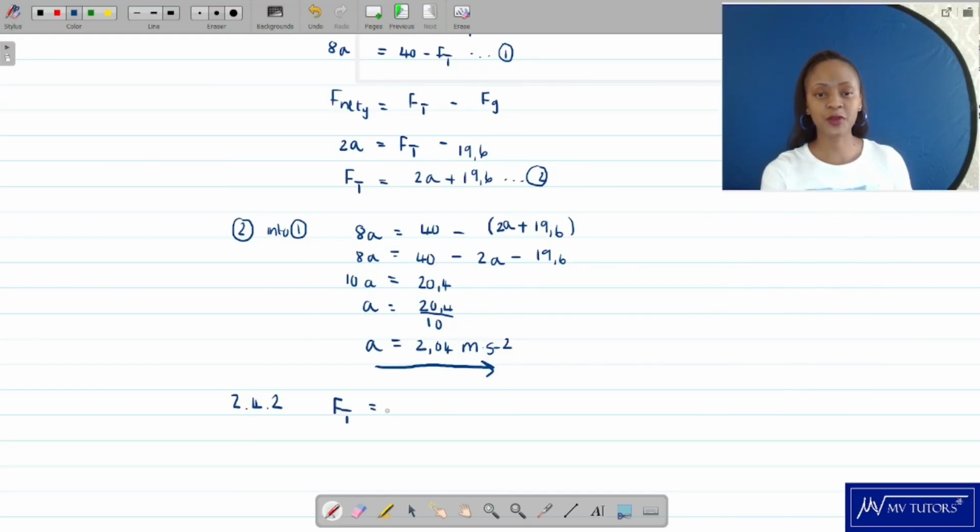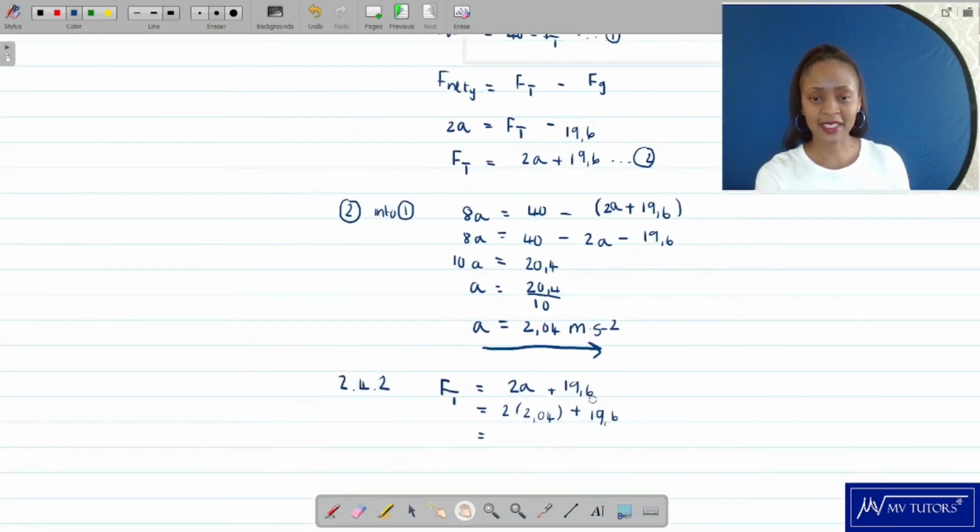So the tension force is equal to 2 times the acceleration plus 19.6. The acceleration, as we have calculated, is 2.04, plus 19.6.